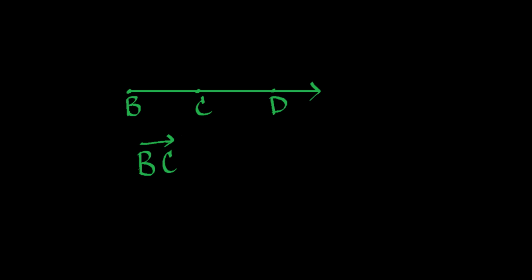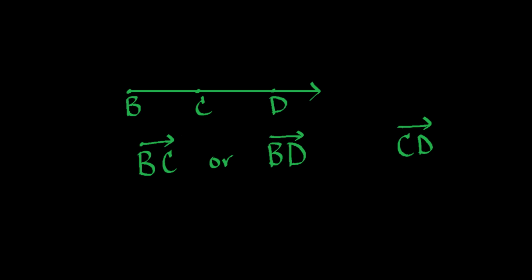This symbolizes that B is the endpoint of this ray, and the ray goes through C forever in one direction. This same ray can be named with the endpoint B and a different letter, D, since D is also on this ray. We just need to make sure to draw the ray symbol above B and D. It's important to note that the symbol CD with a ray above it is incorrect for this drawing.